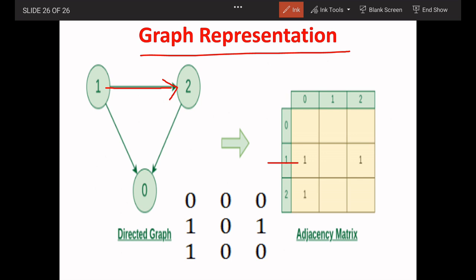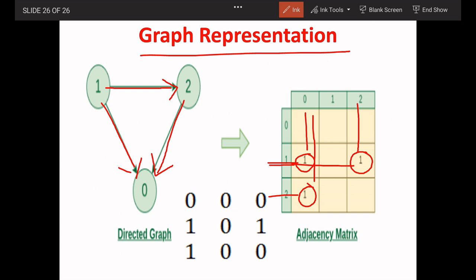So I have written 1 here. Then 1 going to 0, so I have written 0 here. Then 2 is going to 0, okay, then I have written 1 here, and where I am not writing means there is no such direction. So this is my representation.